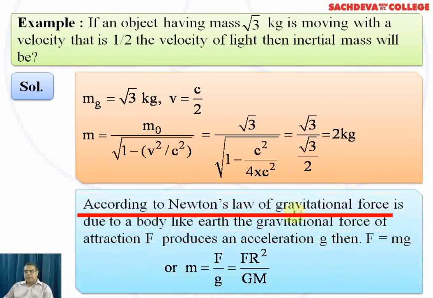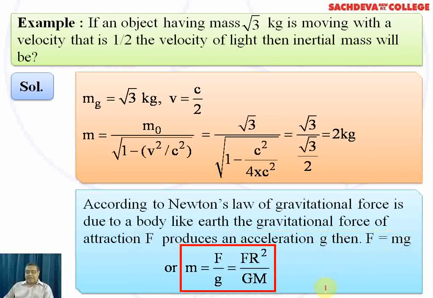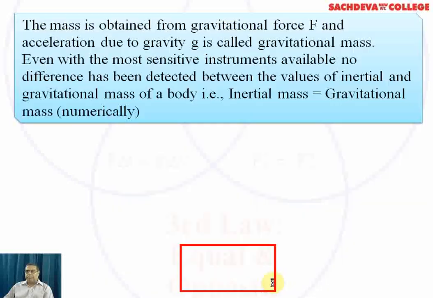According to Newton's law of gravitational force, like Earth, the gravitational force of attraction F produces an acceleration g. Then F or W, force or weight, is equal to mg. So m is equal to F over g, and m is called the gravitational mass. The value of F can be written as G m M over r square.